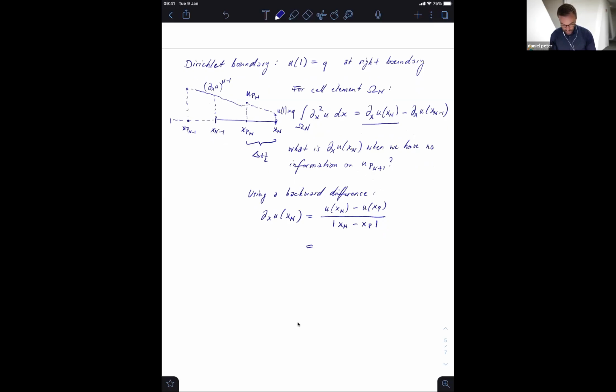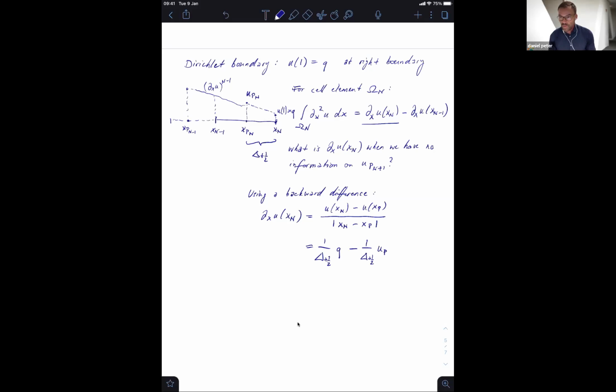So this would be 1 over delta plus 1/2 of the value at xn, which is q now, from the boundary condition, minus then the value at the centroid position at p. So now we have the derivative approximated using the boundary condition value.